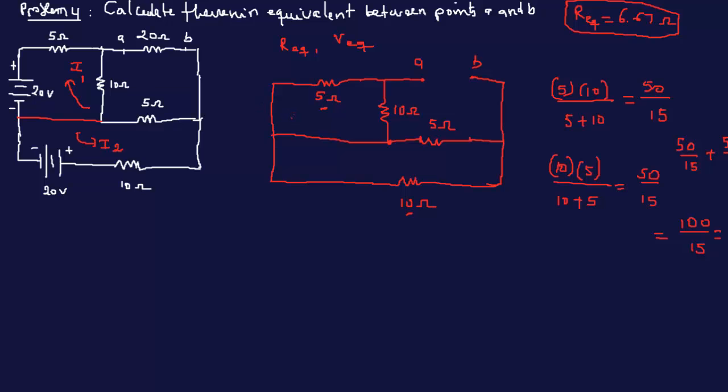Okay, so remember this is disconnected, right? Between A and B is disconnected, and so we're trying to find VAB, the voltage across this A and B, these terminals, when the 20 ohm resistor is out.